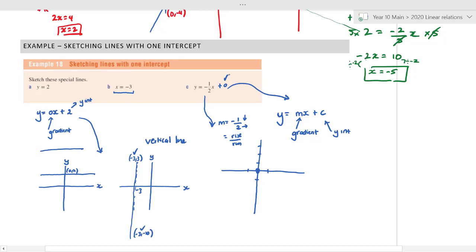So if you can see there, it goes across 2, down 1. It doesn't have to be an exact science for now, but clearly that's not going to be as steep. That's going to look something like this. These are 3 unique lines. This one goes through the origin, and we've got a vertical and a horizontal line.